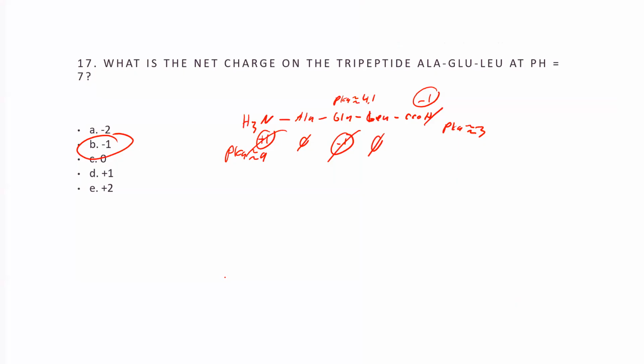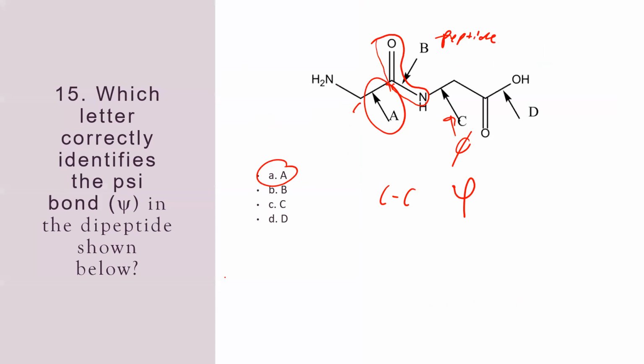Okay, let's go back to here. So we start here with our amine group, right? And so what is this one? We have a carbon, we have a carbon. What's this bond here?